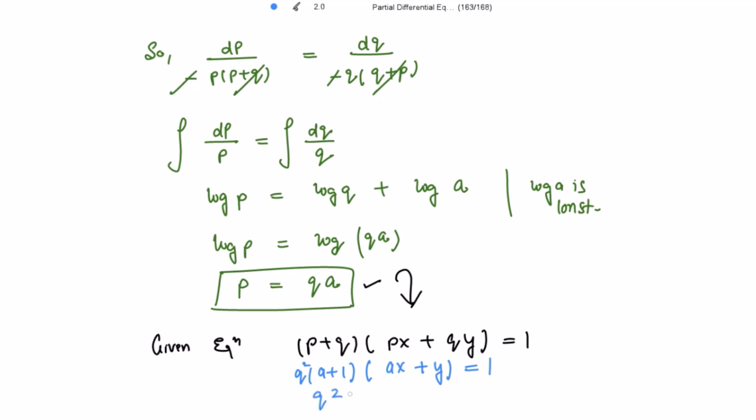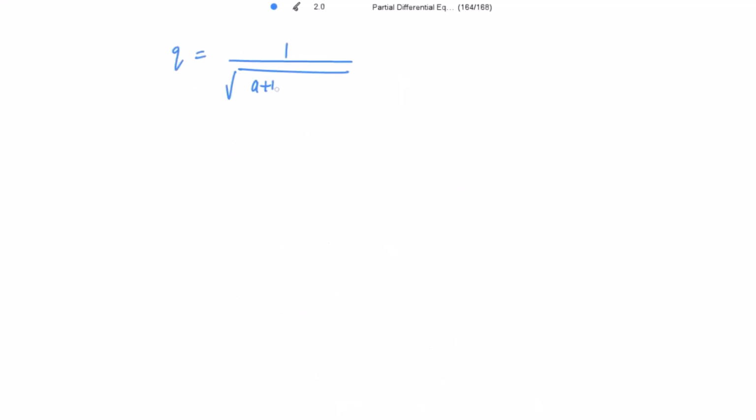So we have q square equal to 1 divided by a plus 1 into ax plus y, or q is equal to 1 divided by the square root of a plus 1 into ax plus y.